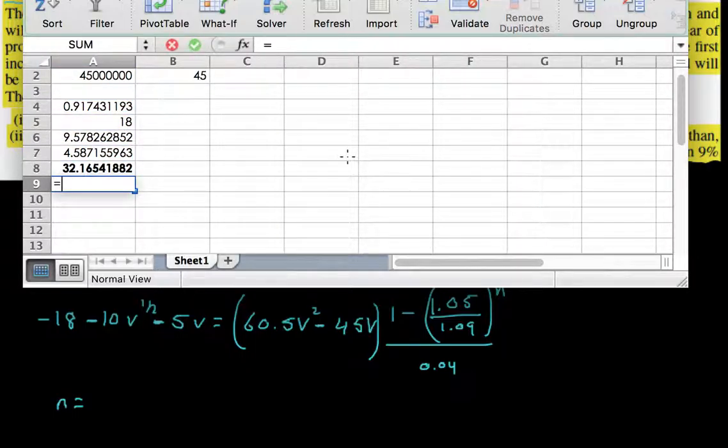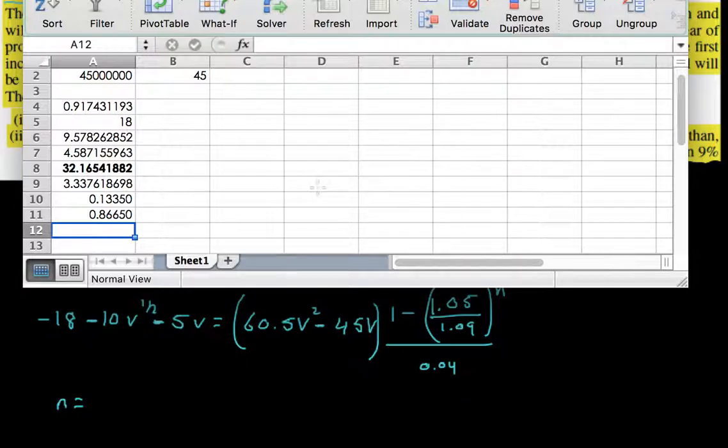So here we go. It's our expenses divided by 60.5 times discounting back 2 years, minus 45 times discounting back 1 year, is equal to that. We then multiply this by 0.04, and from there we find 1 minus that answer.